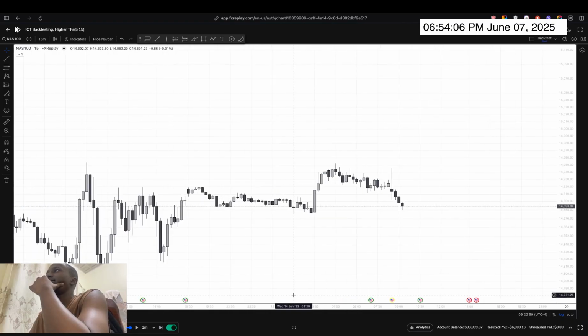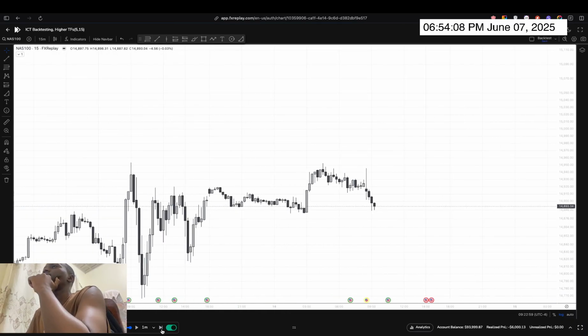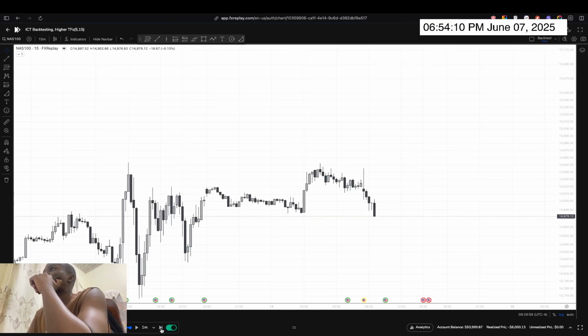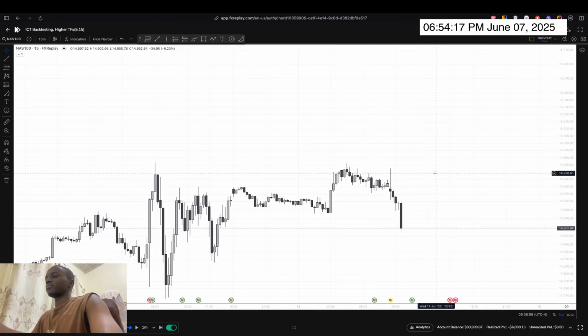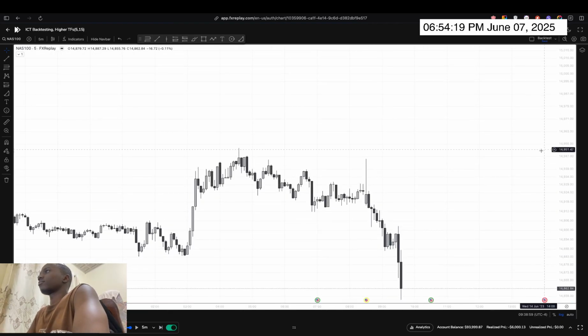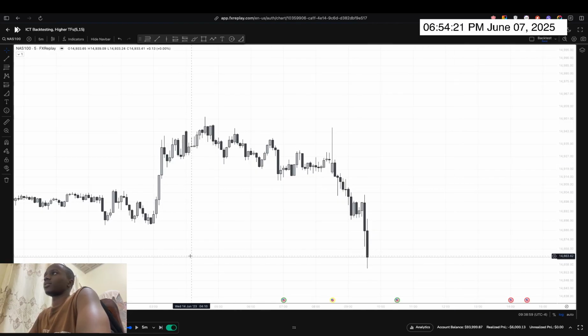So by 8:30 you can see that we first drop. This is at 9:30. So we watch price action and see what happens.